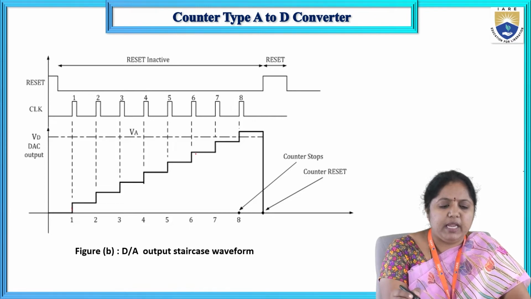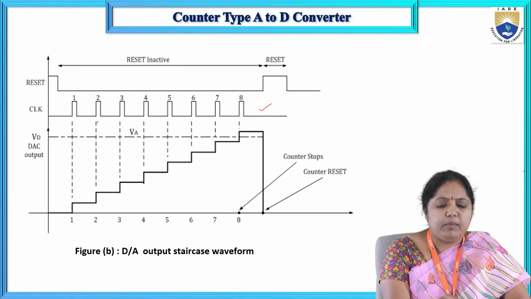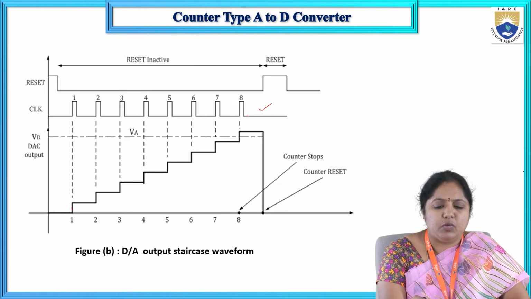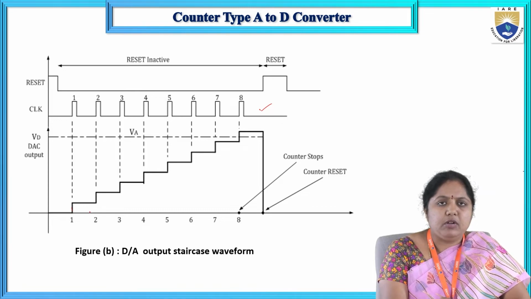I will get the staircase output value, and these are the clock pulses. Just assume that 8 clock pulses have been counted by the counter, and for those 8 clock pulses the DAC output I am getting is a staircase type of output like this.